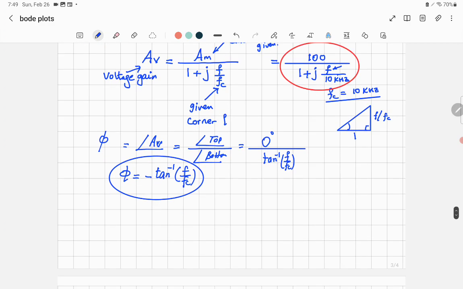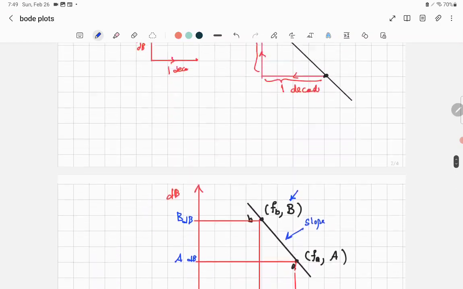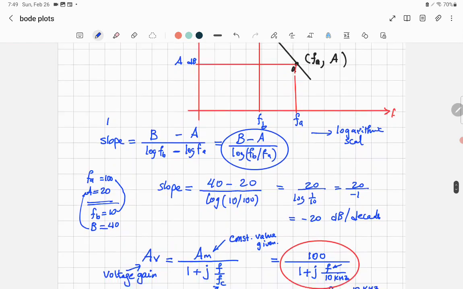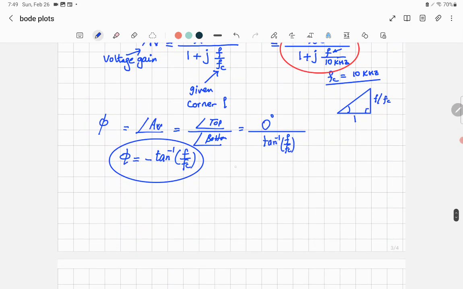In our case, if fc is equal to, I believe, 10 kilohertz, so in our example, phi will be equal to negative tan minus 1 of f over 10 kilohertz numerically. So it's easy. You can just plug in the values for f starting from 1 hertz up to 1000 kilohertz, and you get them.